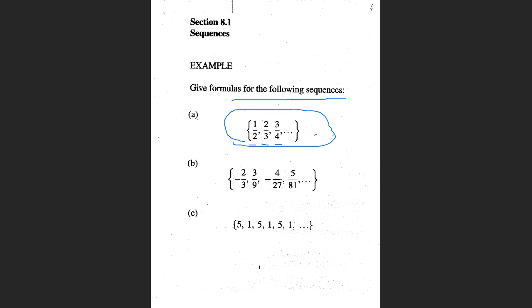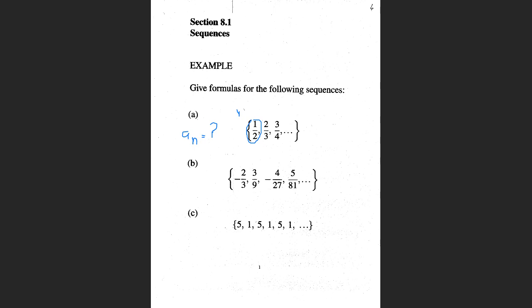Well, maybe before I do that, let me try something here. What we're looking for is a formula, A sub n.